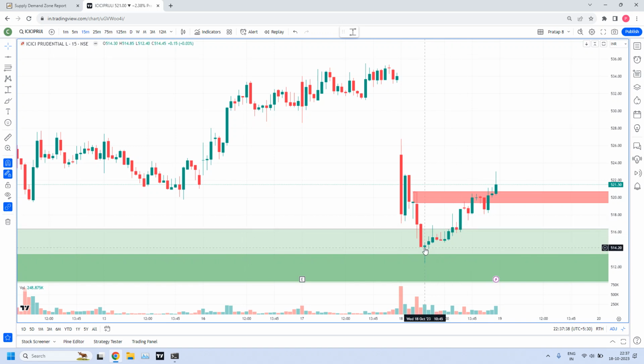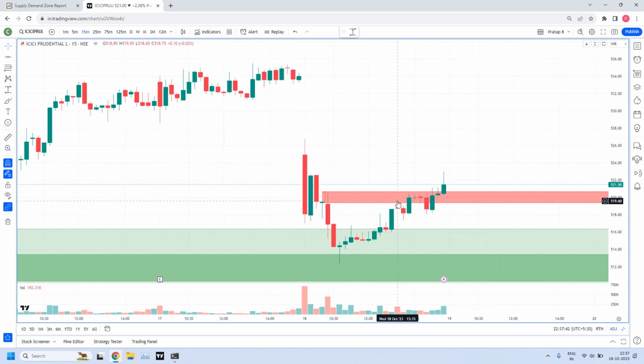We got the entry at 10:45. And this supply zone resisted for some time, but we got our target reached at 1:15 p.m. So within 2.5 hours, we got the intraday target reached.